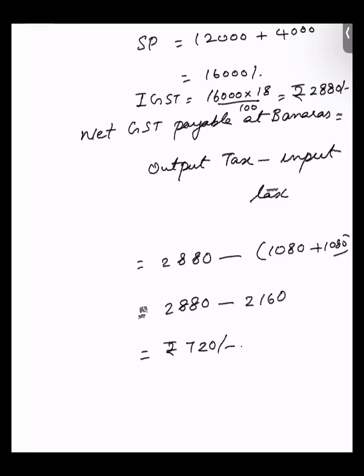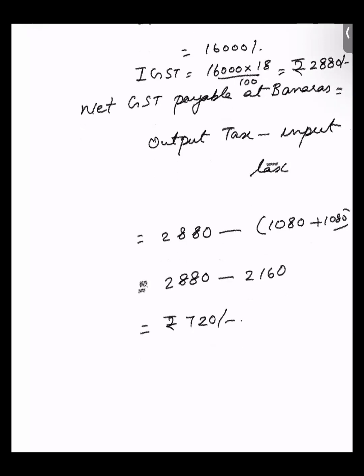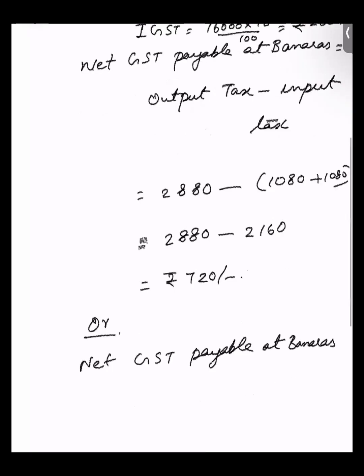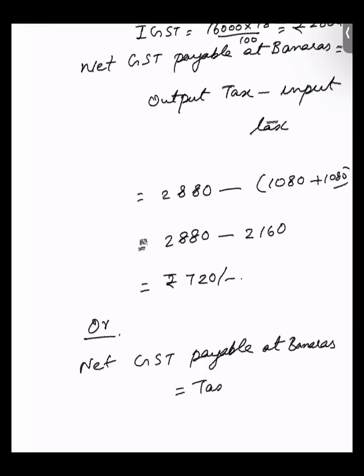Same thing you can calculate using the profit. You can calculate tax on profit. So another way of doing the same problem, net GST payable at Benares, you just need to calculate tax on profit. What is the profit? Profit is 4,000 rupees.